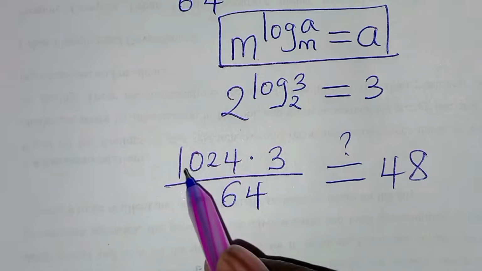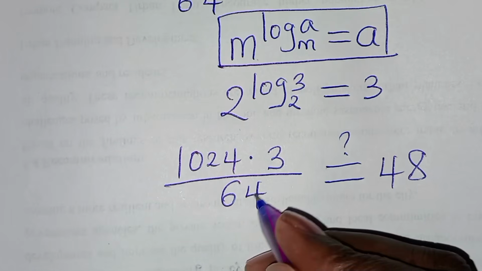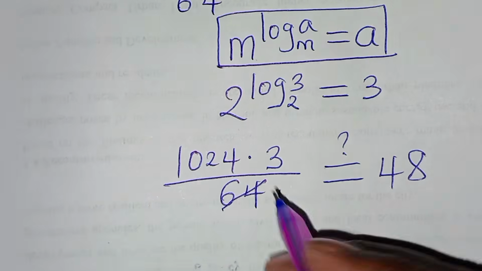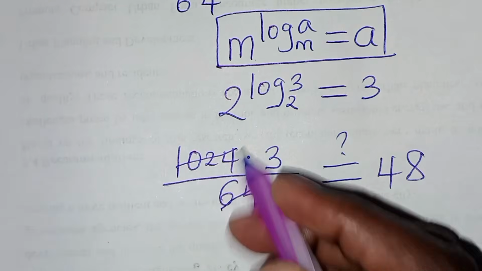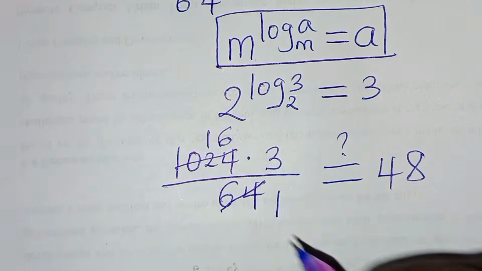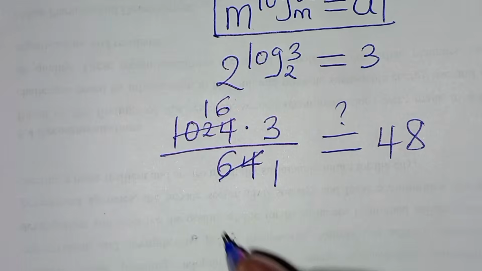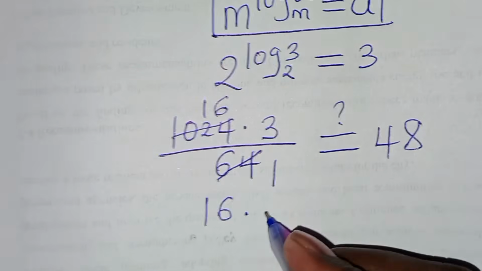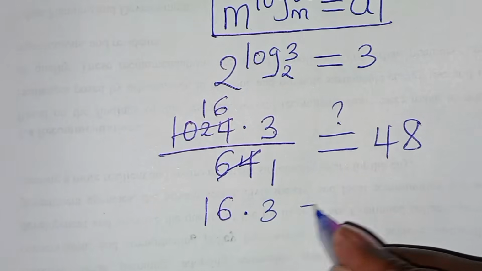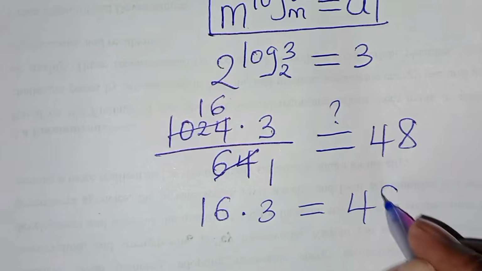So you find that 1024 divided by 64 is 16. So we'll have 16 times 3. This should give us a value of 48.